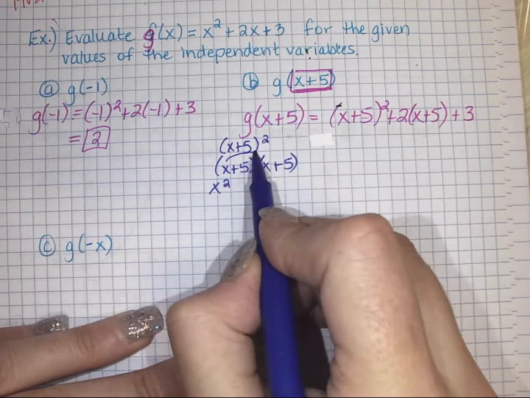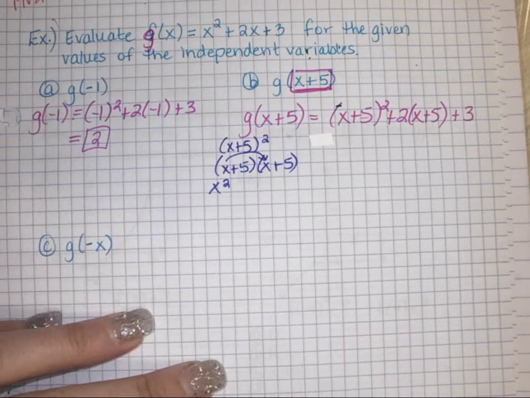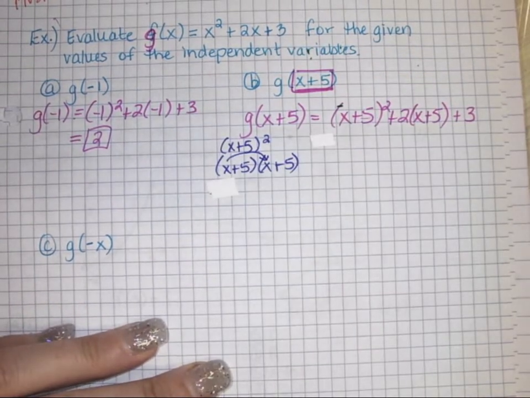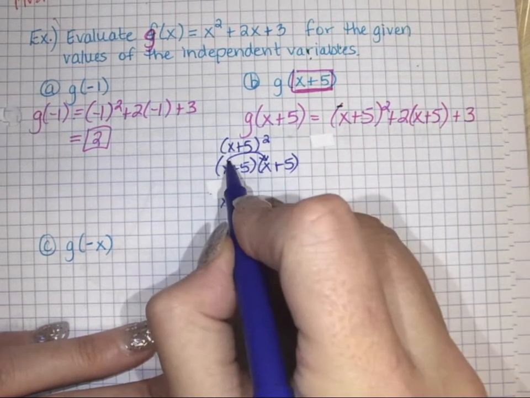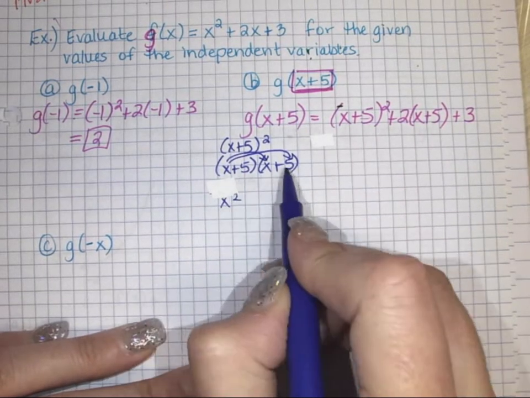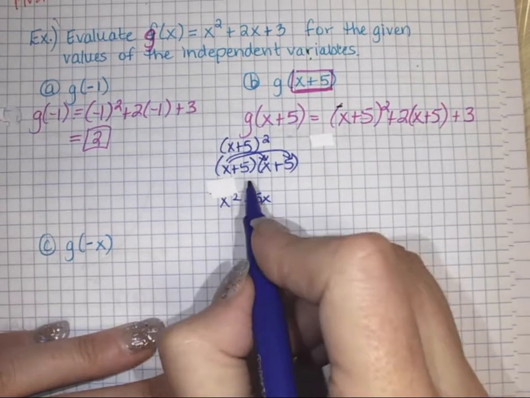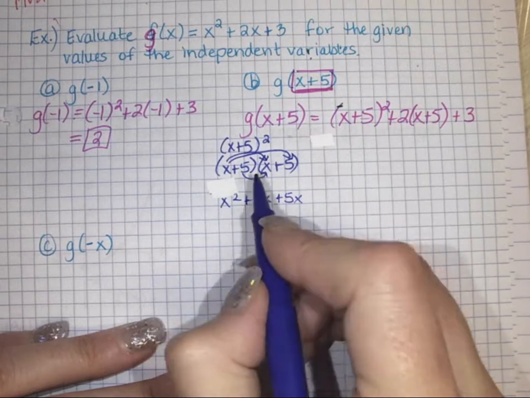Make sure you multiply the first terms together. X times x gives you x squared. Make sure you multiply your outer terms together. X times positive 5 is 5x. Inner terms, positive 5 times x is 5x.